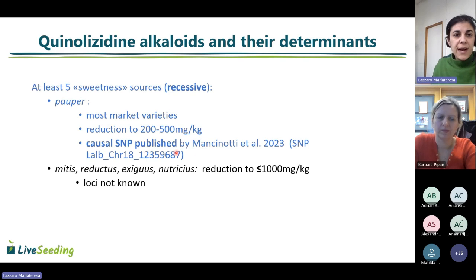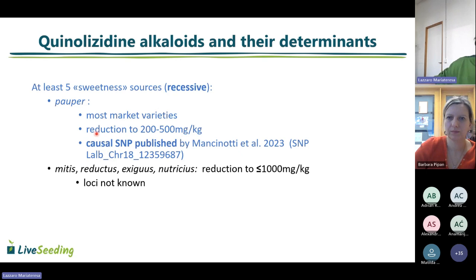There are others which decrease the alkaloid content, though not as strongly as pauper, and the region in the genome which determines this reduction is basically not known.